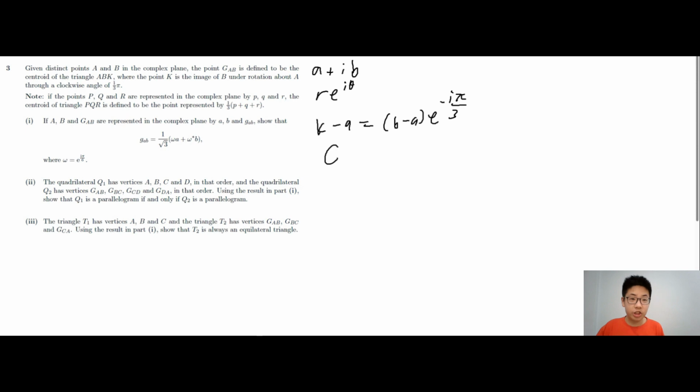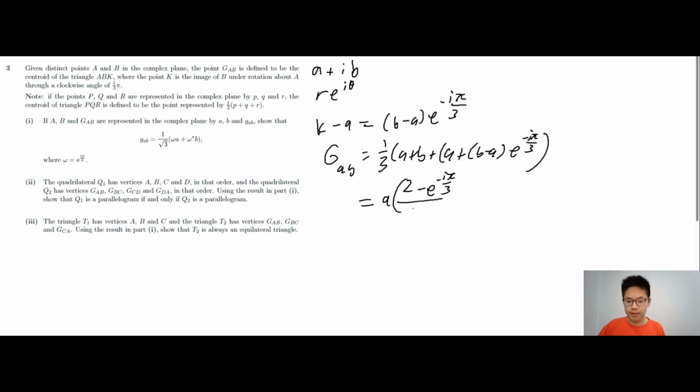So this means that G_AB equals 1/3 (A plus B plus A plus (B minus A) e to the power negative i pi over 3), which, when you do the math, is A (2 minus e to the power of negative i pi over 3) over 3, plus B (1 plus e to the power negative i pi over 3) over 3.